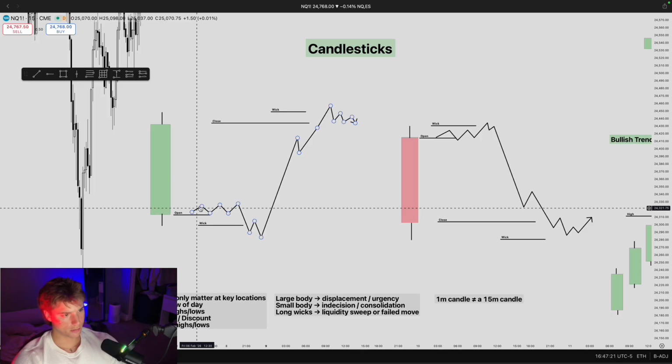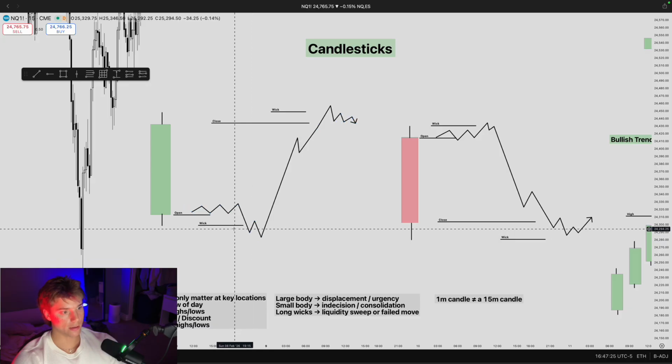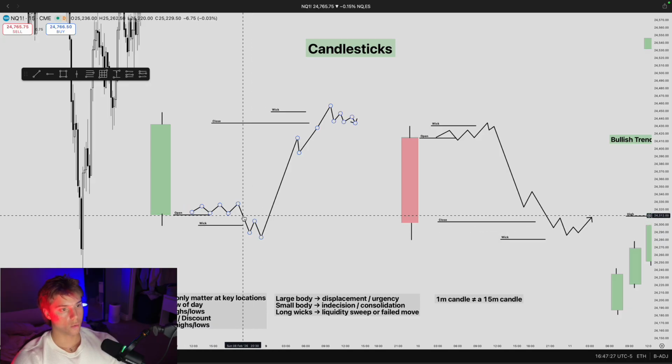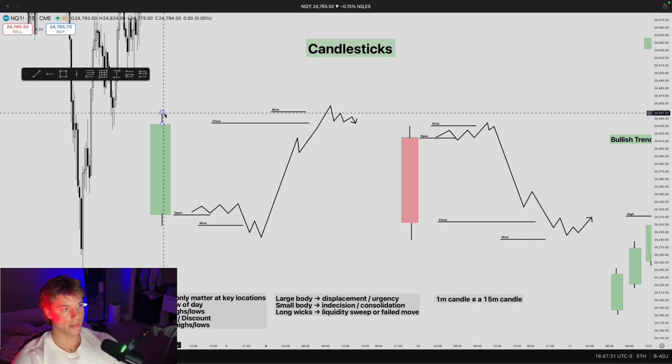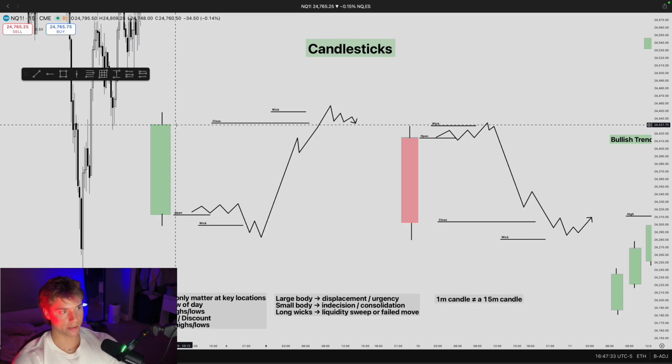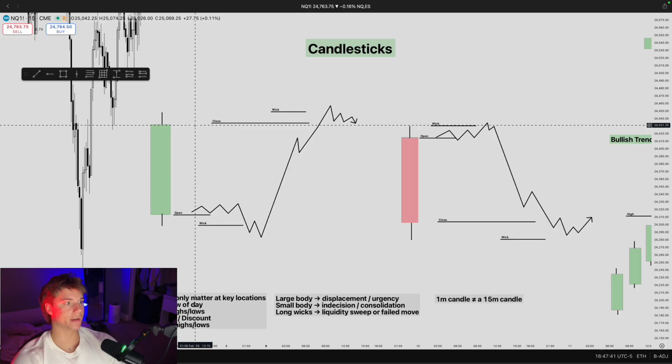Price chopped around a little bit, went down, creating a wick, went up to the high, and then closed at the end of the time period back at the body. So what the body represents is the candle open and the candle close of that specific time period.